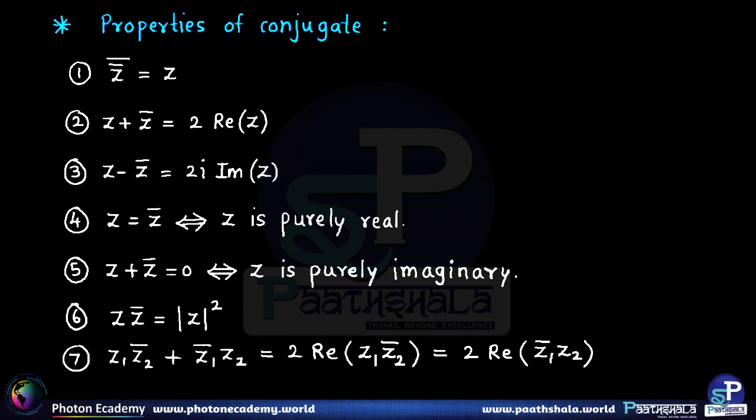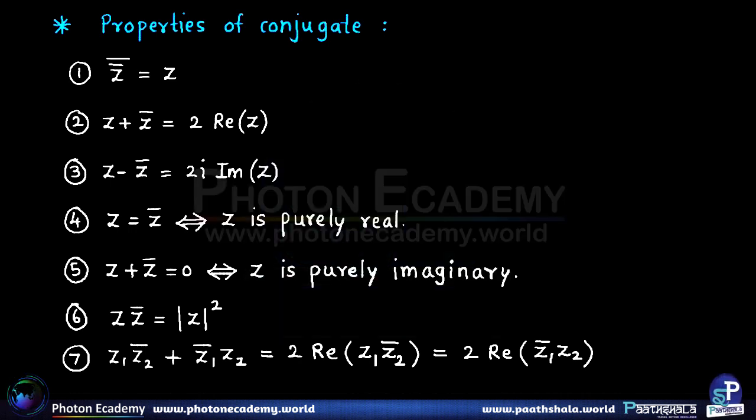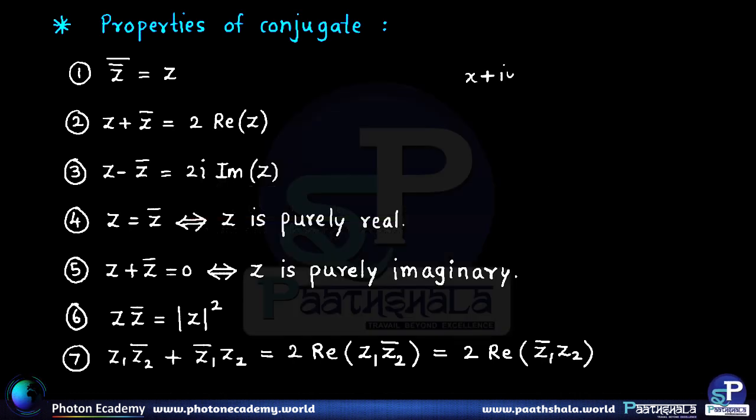The sixth one is a very important property. It says z into z bar is equal to mod z the whole square. Here we know that if we consider z as x plus iy, then we have x plus iy into x minus iy, the product of a number and its conjugate.